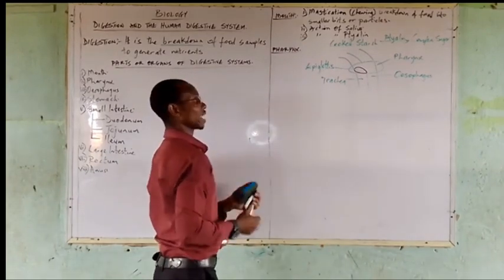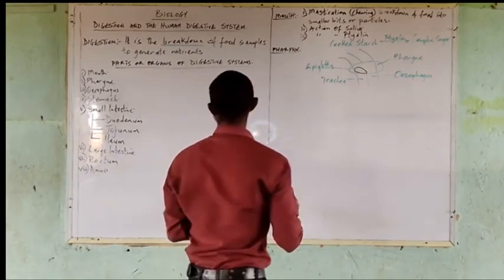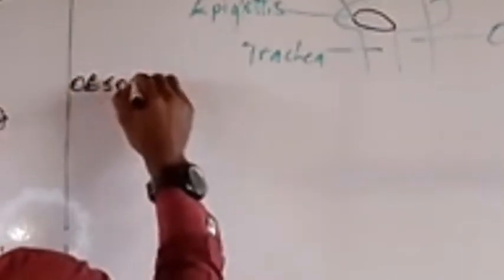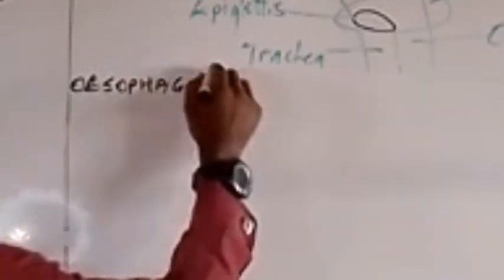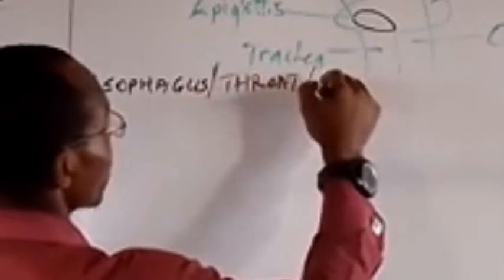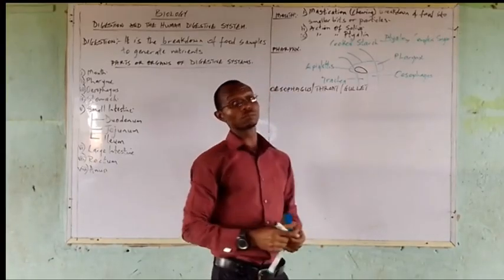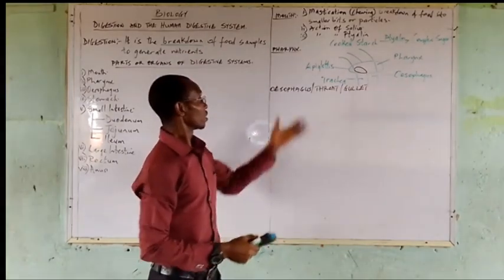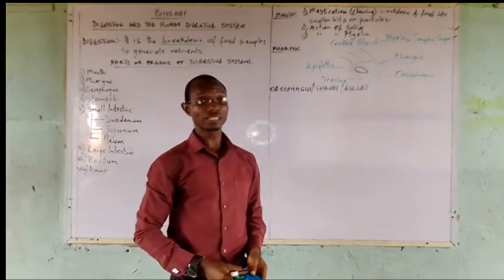And then after that, we have the next process, which takes place in the esophagus. So we are going to the esophagus now. Some textbooks call the esophagus the throat, and some call it the gullet. You can see them used interchangeably; they are still talking about the same thing.